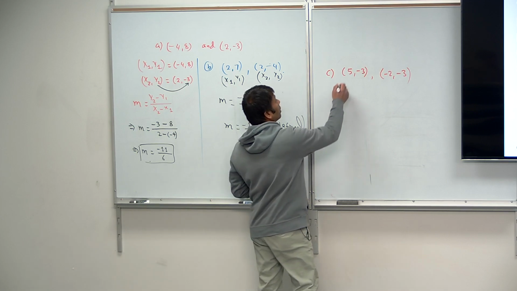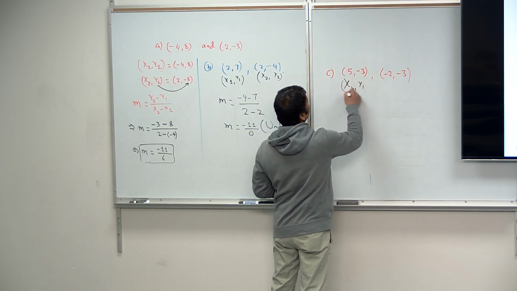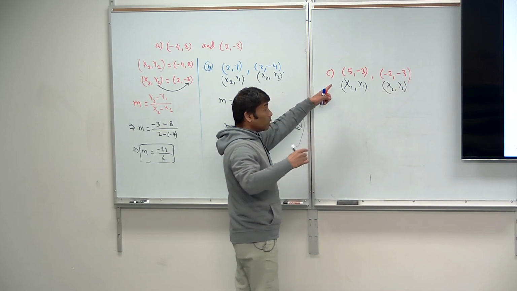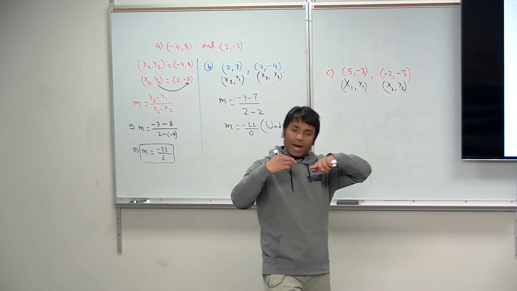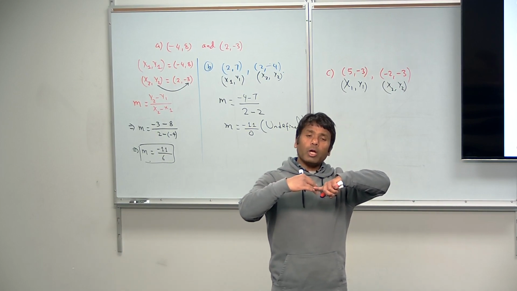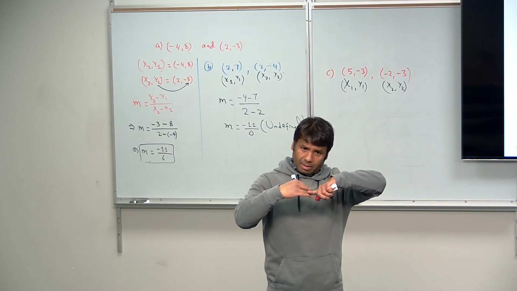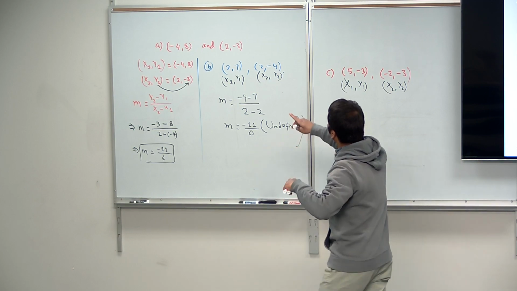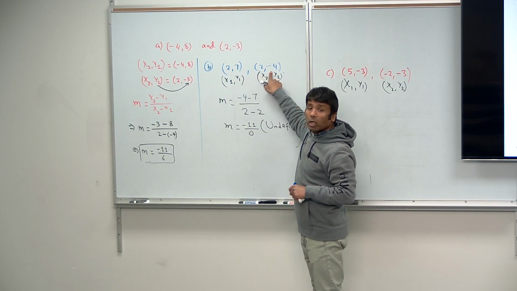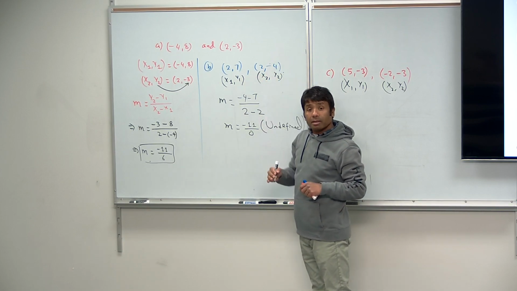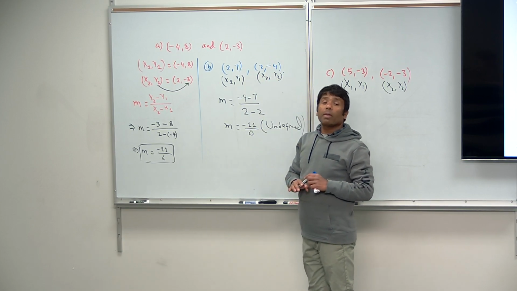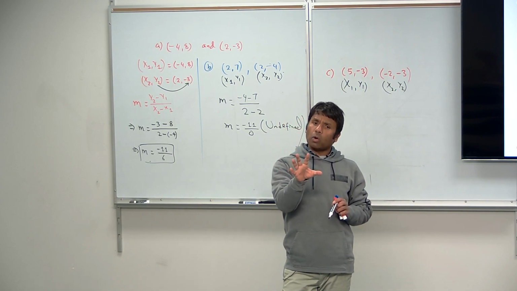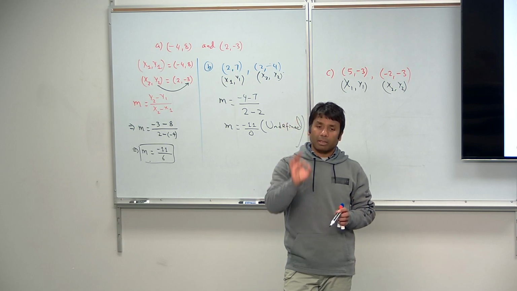So you consider this side the x on y1 and this side the x to y2. By the way, when you join these two points, it will give you a horizontal line. When you join the other two points, it will give you a vertical line. Slope of the vertical line is undefined. Slope of the horizontal line is 0.